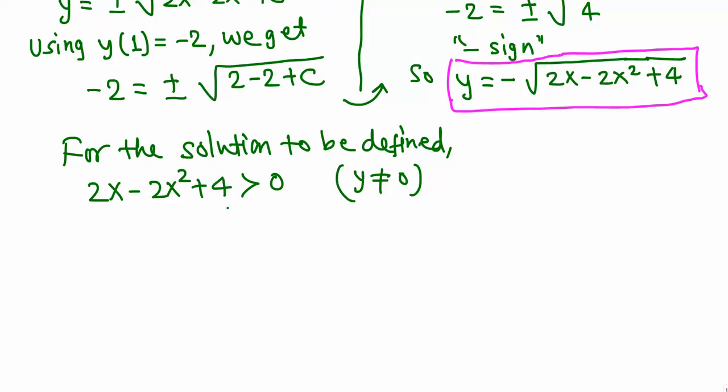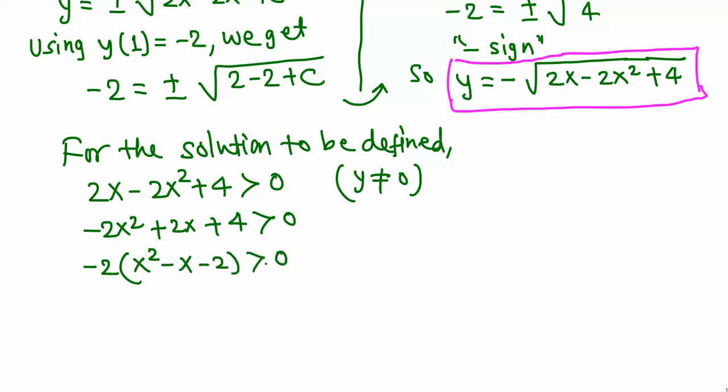To solve we need to factor the left hand side. So let me write this in standard form. Negative 2x squared plus 2x plus 4 bigger than 0. We can factor at the same time. We can pull negative 2 out, negative 2 times x squared minus x minus 2 bigger than 0.